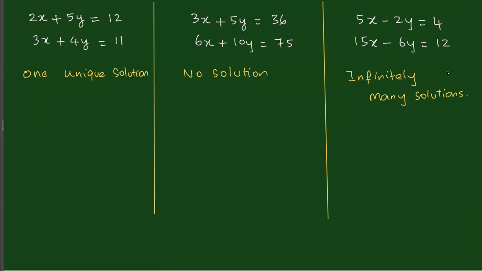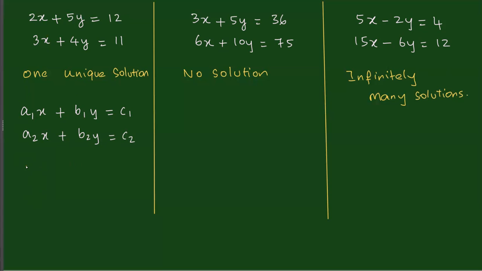So suppose I try to write equations in a general way, instead of these numbers, let's say a1x plus b1y equal to c1, and then I have a2x plus b2y equal to c2.